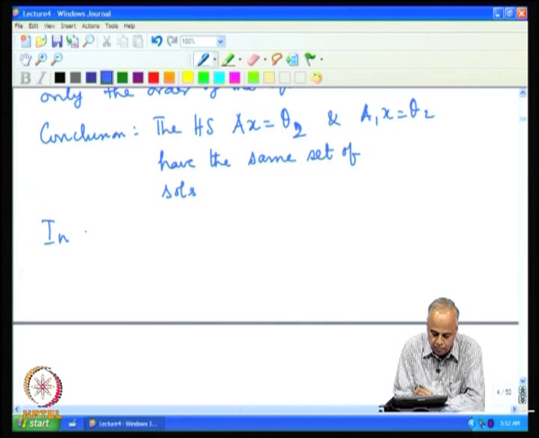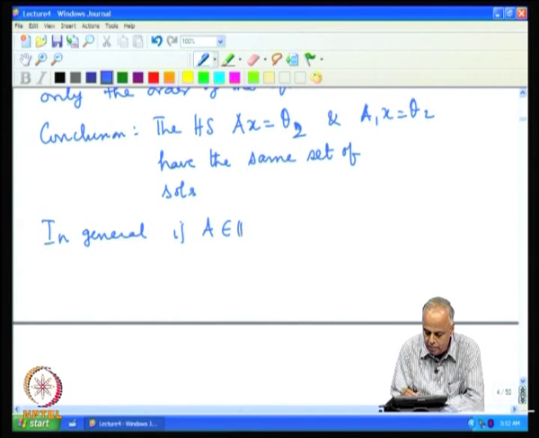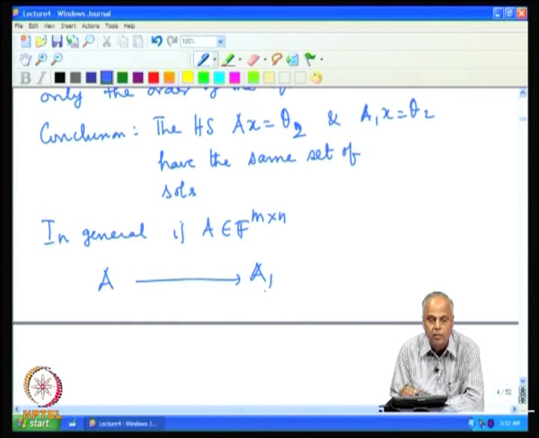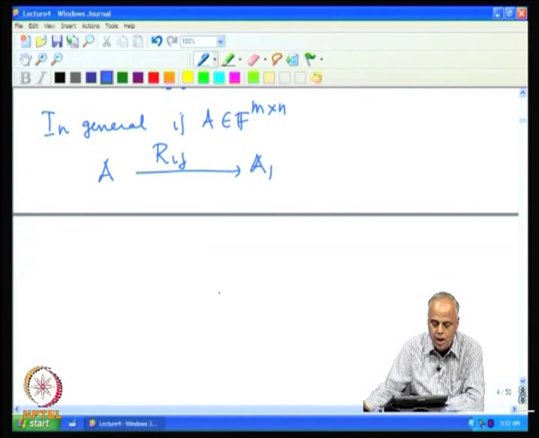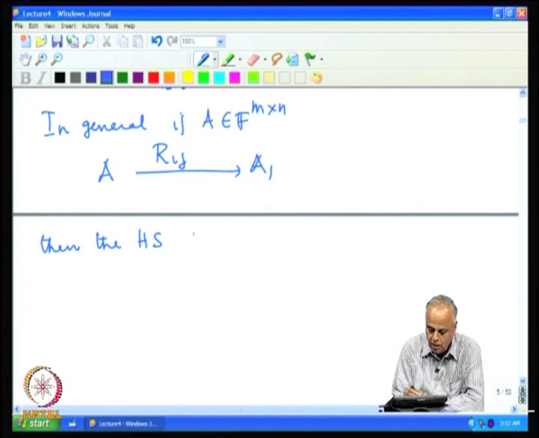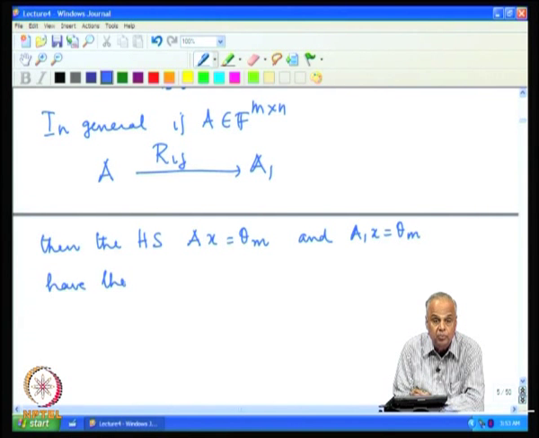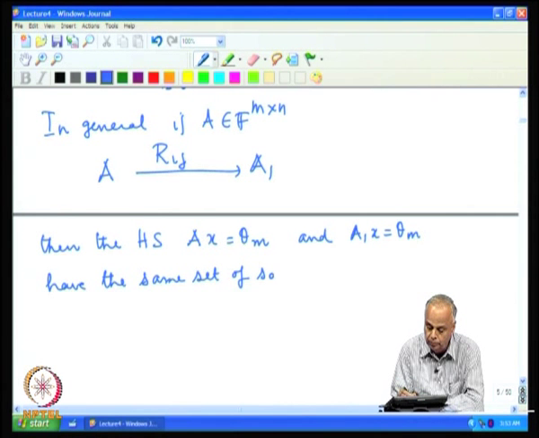So, in general, if A is an m by n matrix and we get A1 from A by an elementary row operation of type 1, then the homogeneous systems Ax equal to theta m and A1x equal to theta m have the same set of solutions.